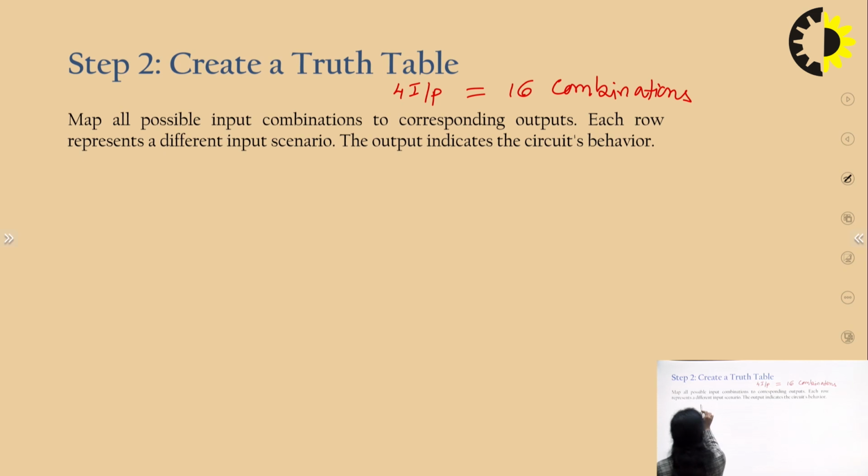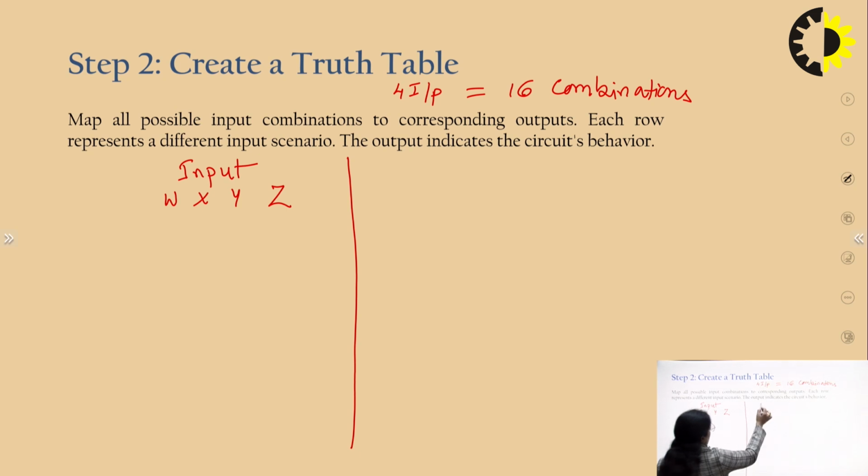Now, I have to create the truth table. We have inputs, and we have to name these inputs. So, 4 variables we need. I can name them W, X, Y, Z. And correspondingly, we have the output.